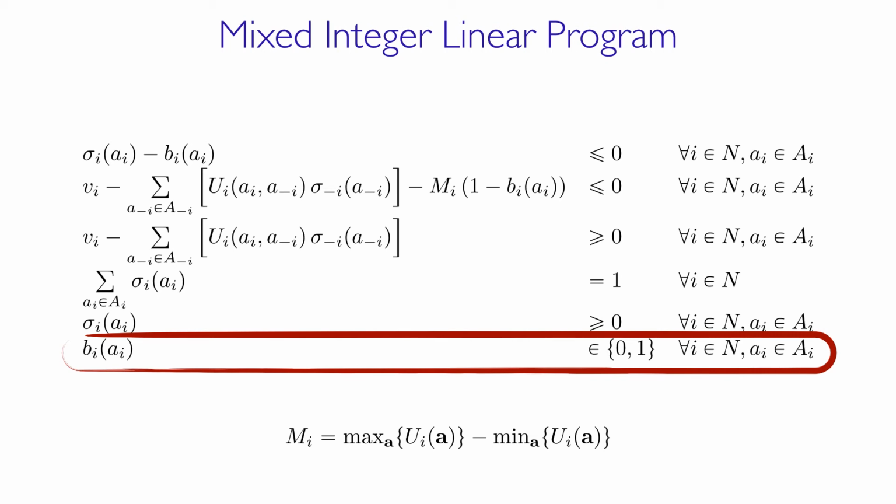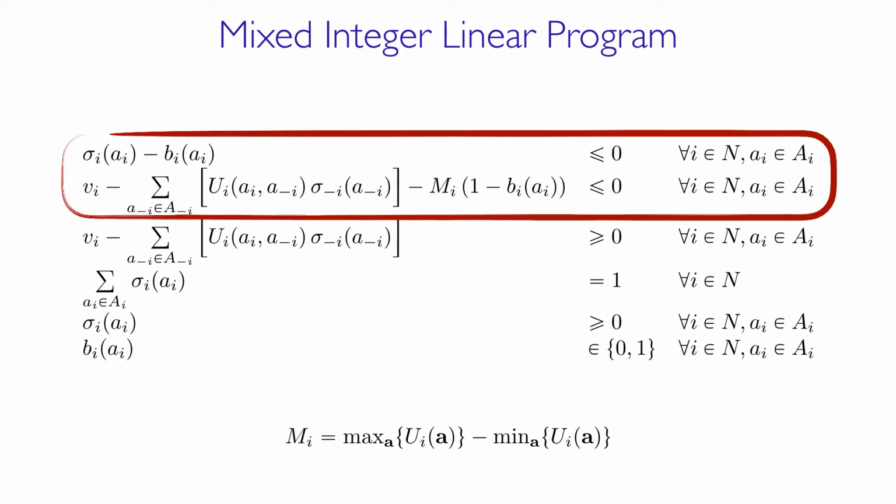The meaning of these variables is that if an action a_i is played, then the value of b_i(a_i) is positive. Technically speaking, we say that if an action is played, then it is in the support of the strategy. In our case, if an action is in the support, its b_i value is positive.